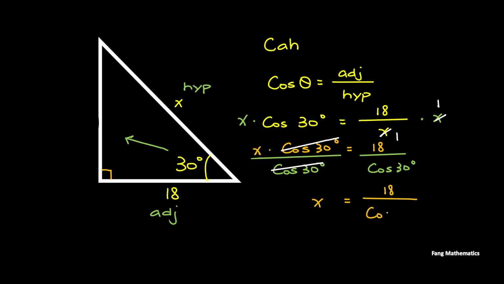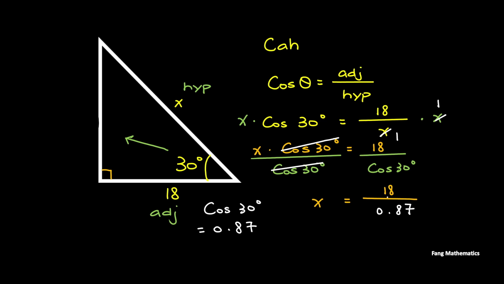Our last step is to turn this cos 30 degrees into a 2 decimal place answer. We are to use a calculator. You are to press cos 30 on the calculator and get your 2 decimal place answer as 0.87. After getting the decimal, you are to replace the cos 30 degrees with the decimal, 0.87.